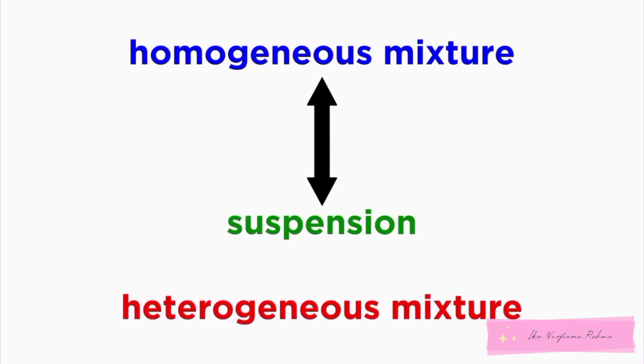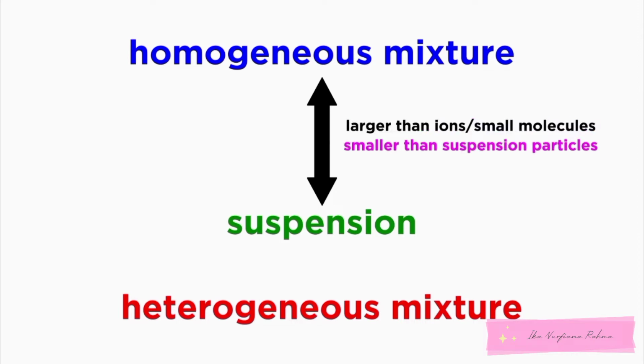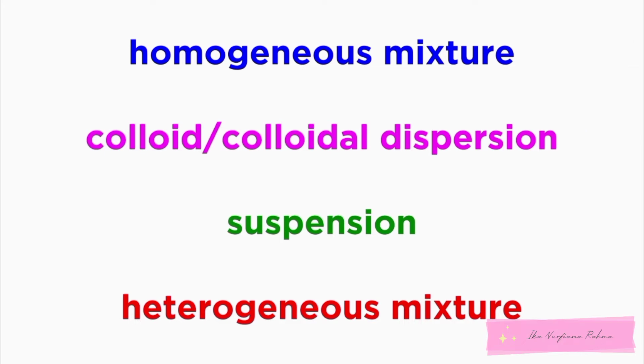We can also create a mixture that is in between a suspension and a homogeneous solution. This will usually form because the particle size is larger than the ions or small molecules, but smaller than the particles in a suspension.